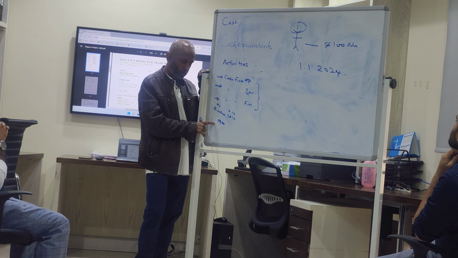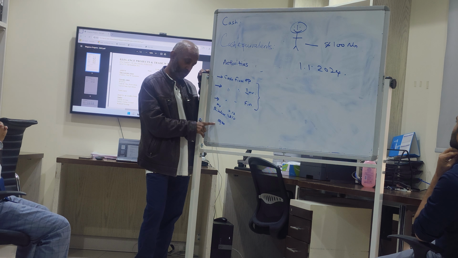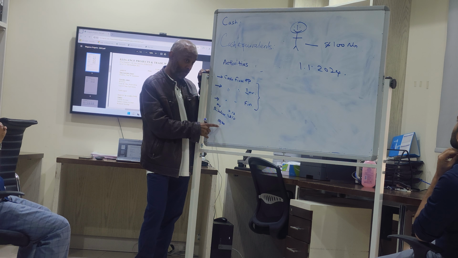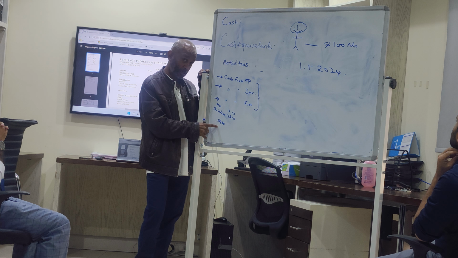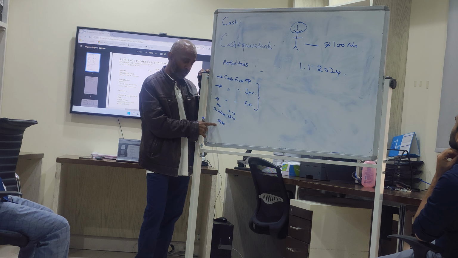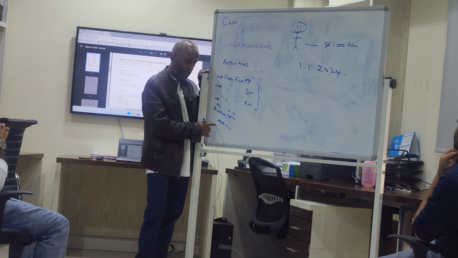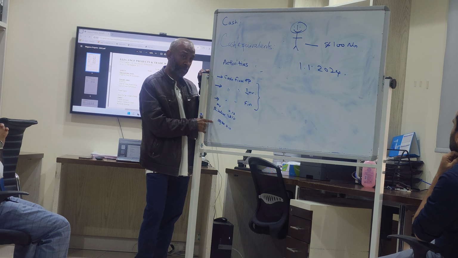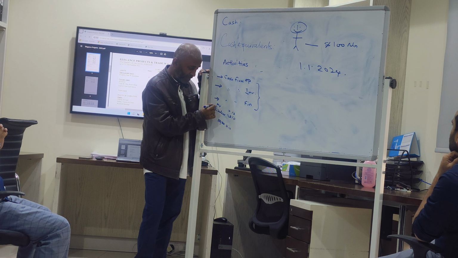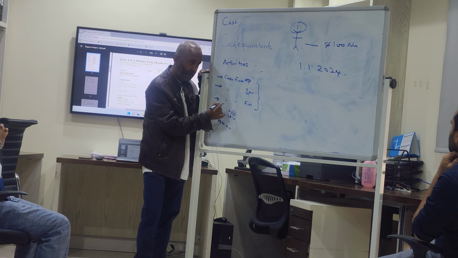How much do you think the collection from issue of ordinary shares would be? 100,000 into 10. This will be the collection from ordinary shares. But in fact, I have received in total 12.